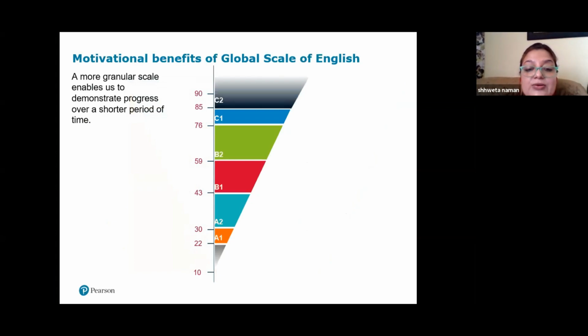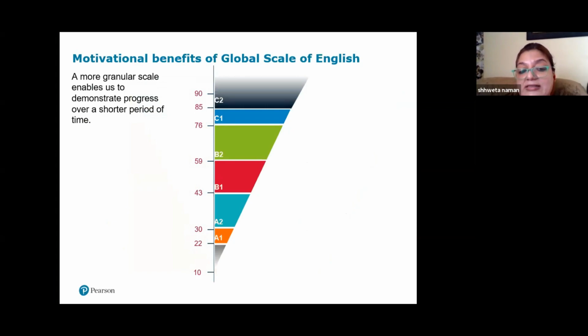So you can see how it is divided. At 22, A1 starts, and from 30 to 43 is the level of A2. From 43 onwards till 59, there is B1. You see that from 30 to 43 there are 13 levels even in A2.